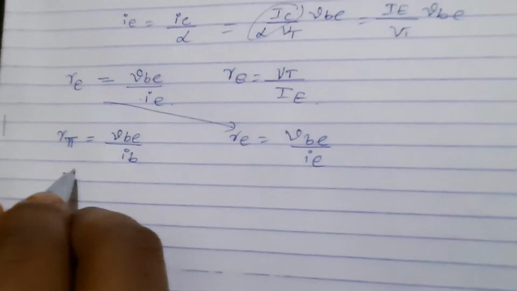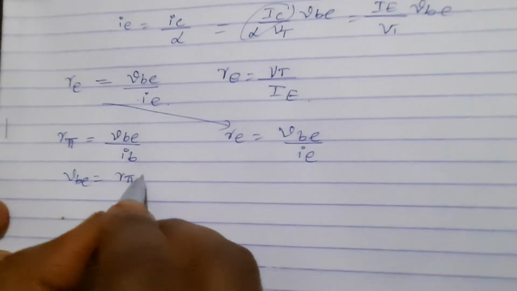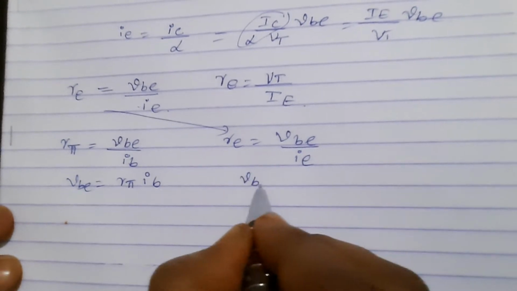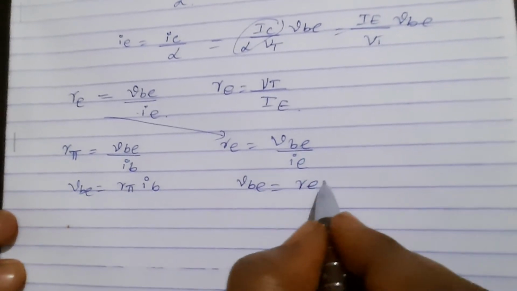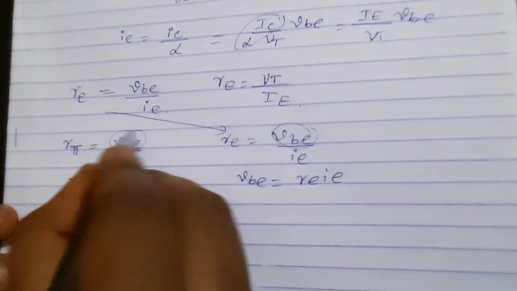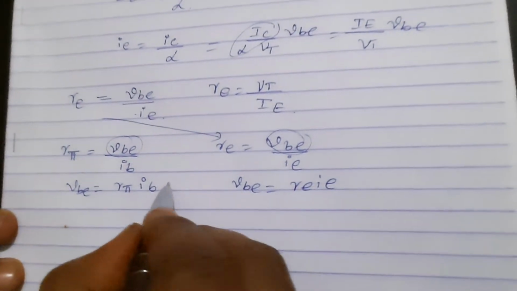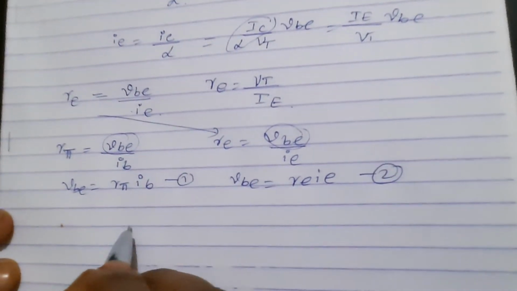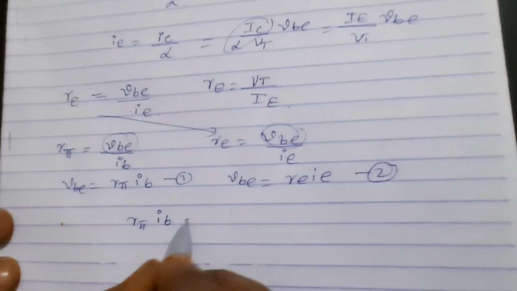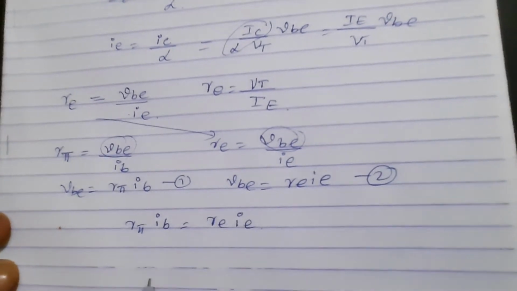Now from here I'll find vBE, which is r pi into ib. From here also I'll find vBE, which is re into ie. From both sides I'll find this vBE. Now both of them are equated since they are equal. So r pi into ib is equal to re into ie.